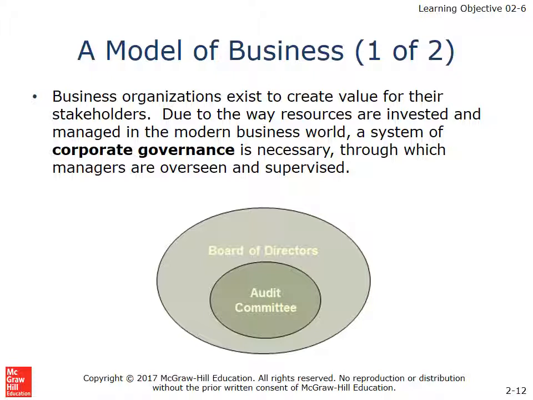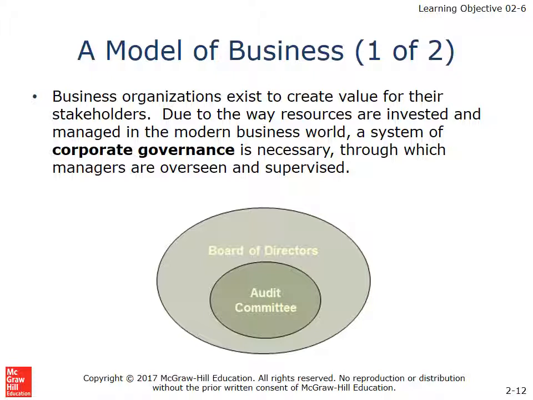Managers are overseen and supervised. And how does this occur? Well, it occurs through the board of directors, which is elected by the stockholders. Remember, the owners are giving the company money. And once that company gets their money, they're out, unless they're also a manager in the company. But not all stockholders are working at the company or doing anything with the company.